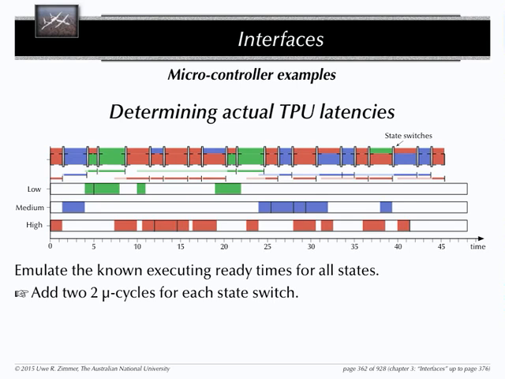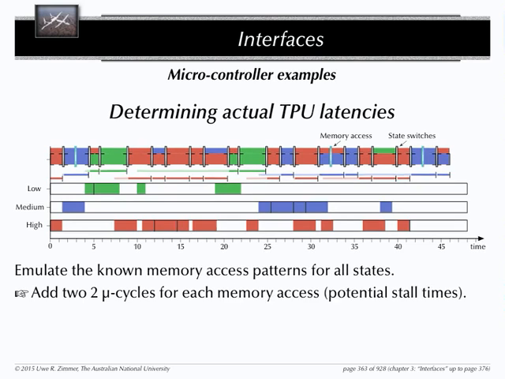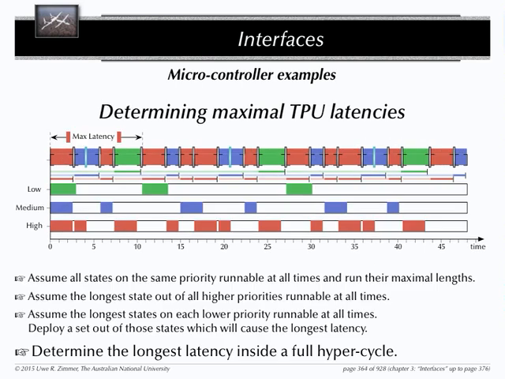Emulating the execution times for all of these states, then adding the changes to that one, adding the amount of memory access which you know will happen to the whole thing. And in order to calculate the latencies for individual functions in your microcontroller, you do something which you will later on do also in your real-time scheduling analysis. You assume that all states on the same priority are runnable at all times and at maximum length.